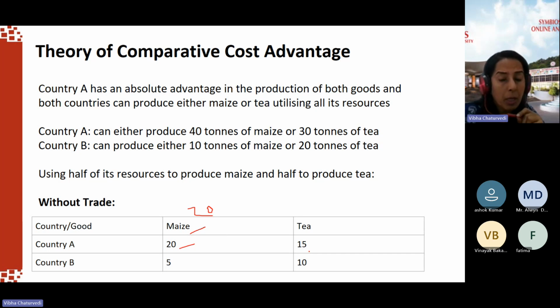And on the other hand, if it were to employ the entire resources in the production of tea, it produces 15 tons of tea, which means you divide 400 by 15. Let me just open the calculator, or somebody can do the maths and let me know.